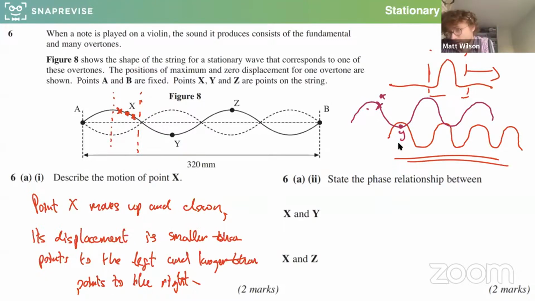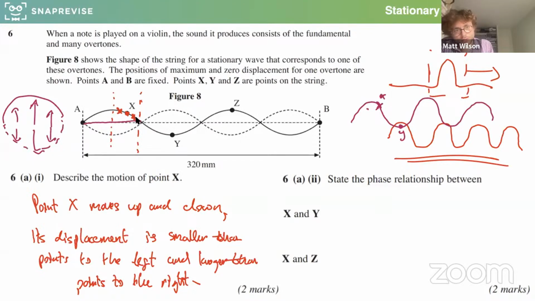Y is at the trough. So they're not in phase, but they're not in anti-phase. They're not at opposite points in their oscillation, right? Well, actually here they are. The point is that everything in this section here is moving up at the same time. It's just a load of points moving up and down, just that some are moving with bigger amplitudes than others, giving you this weird stationary-wave-looking shape.